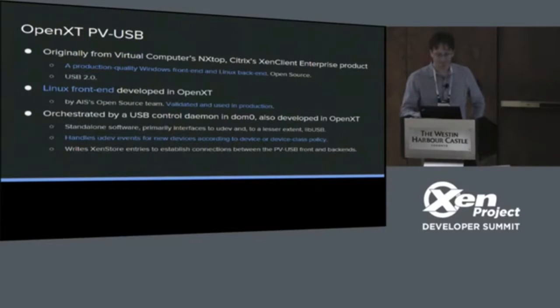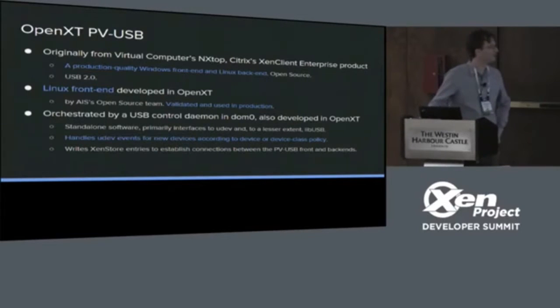A next distinguishing aspect of OpenXT is our PVUSB implementation. So this one is hopefully of interest to the wider Xen community in that it's a production quality open source PVUSB implementation.